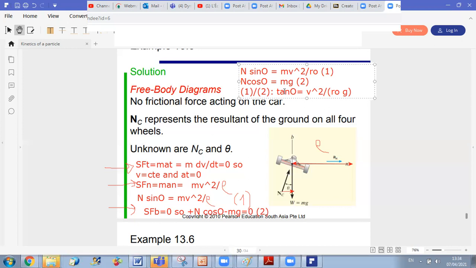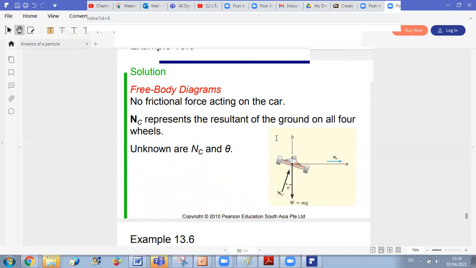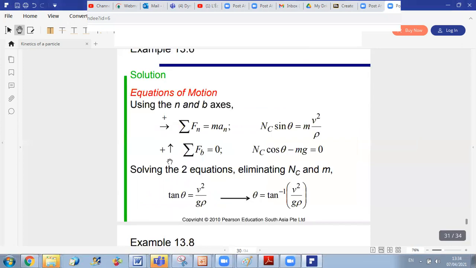Okay, so you can see here all the details we did. As we did, we projected on un and ub, then we divided the two equations. We got the value of theta as tangent minus 1 of v square over rho g. Any question on this problem?